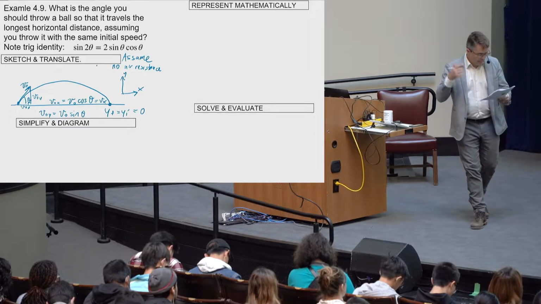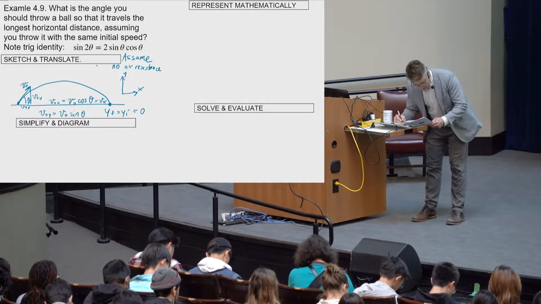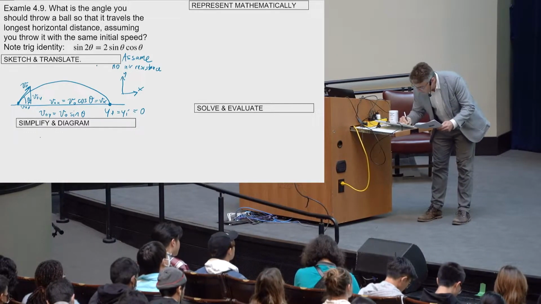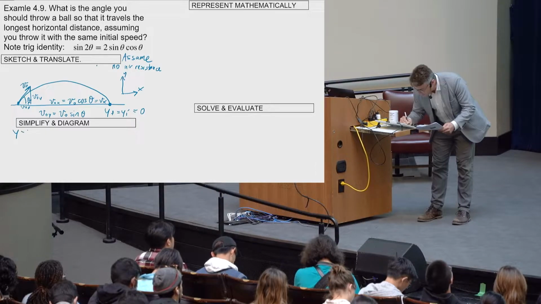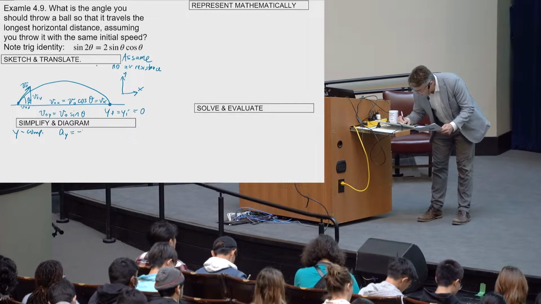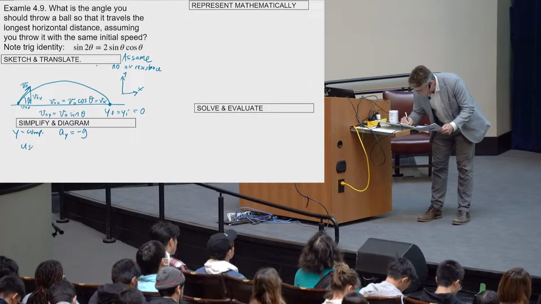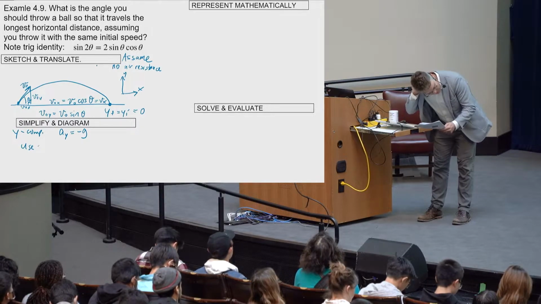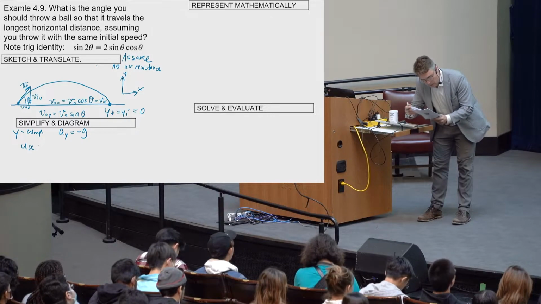Okay. And the way that's going to work is for the y components, I'm going to say that a sub y is equal to negative g. And I'm going to choose one of the equations of constant acceleration.